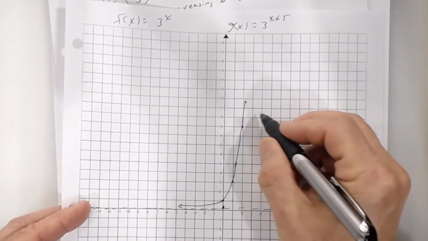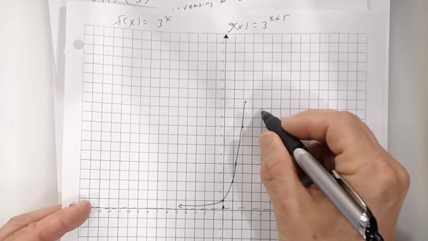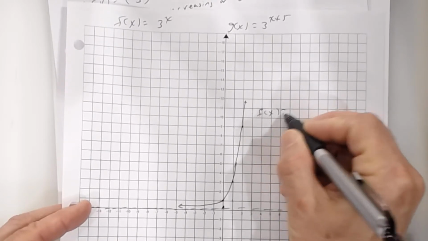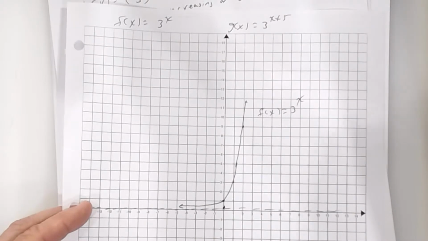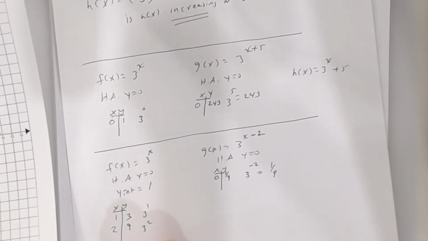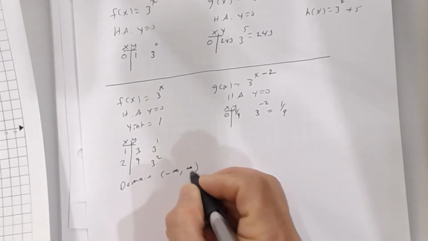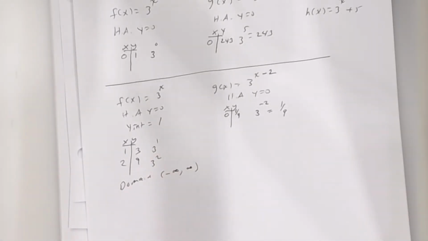All right, now what is it that I've just graphed? What is this graph? What is that function? F of x equals 3 to the x. All right, what is the domain on both of these? In both cases, and remember, for all exponential functions, the domain is always negative infinity to infinity, because I can plug any number in for x and I'll get a y value back.